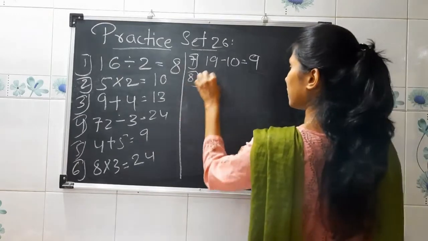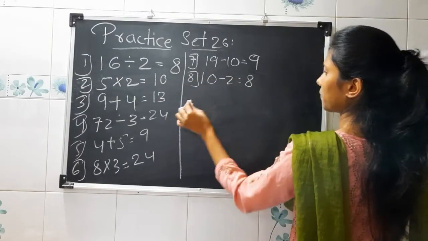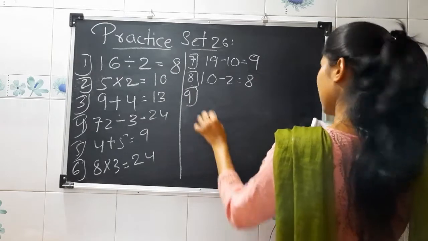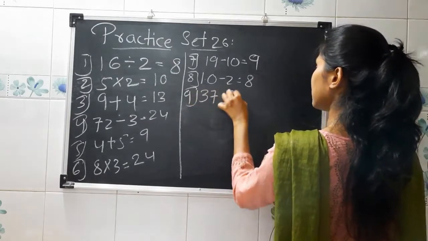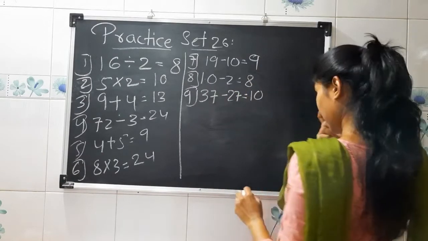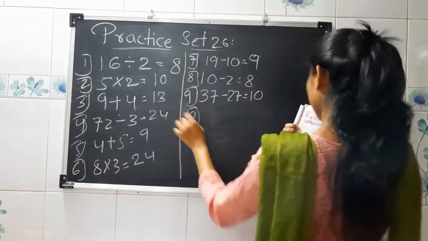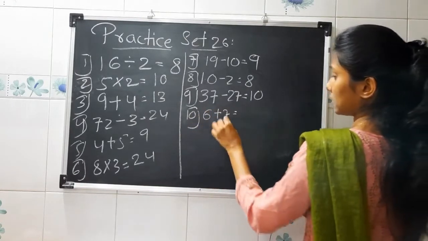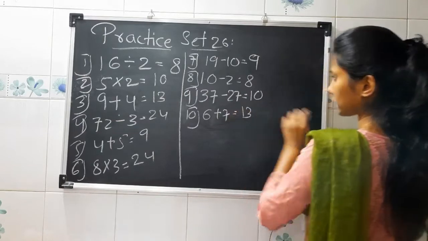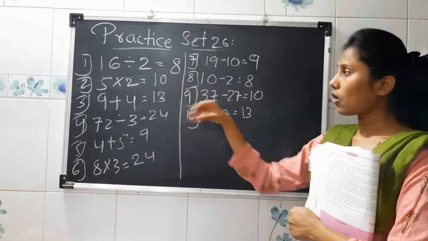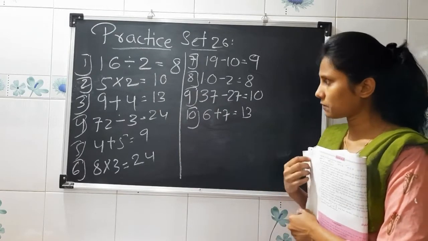Then 10 minus 2 is 8. Then 37 minus 27 is 10. And the last, 6 plus 7, 13. So, in this way, we have written all the answers of the given expressions.